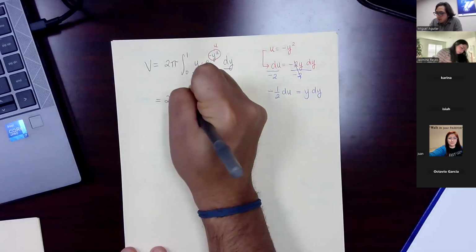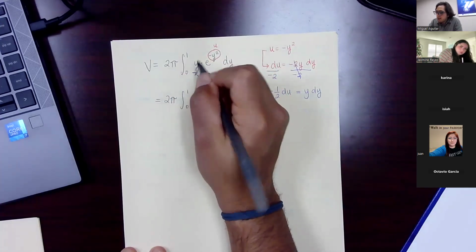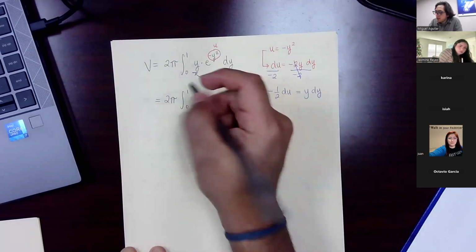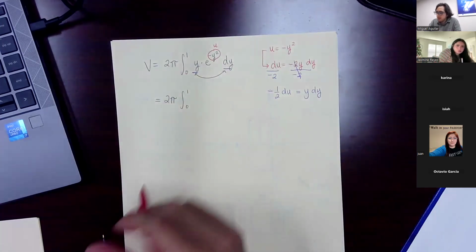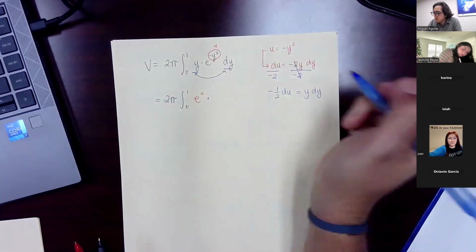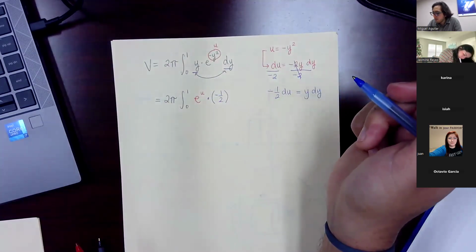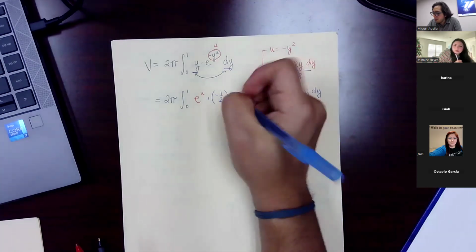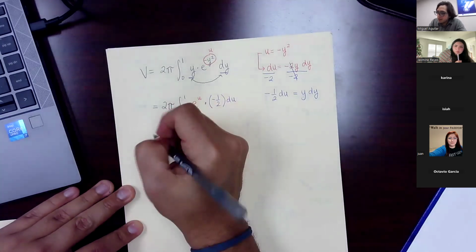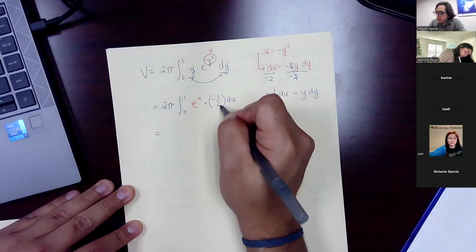So making that substitution here, 0 to 1. The y dy, we can replace that with negative 1/2 du. So that's just going to be now e to the u times negative 1/2 du. And the 1/2 is going to cancel out the 2.